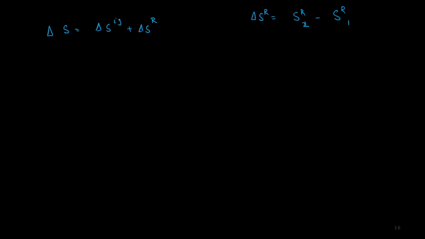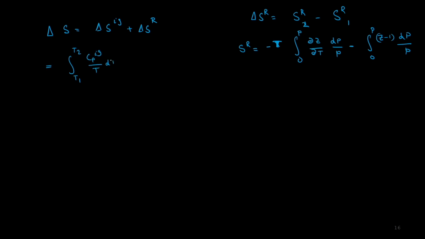And we have said that S R we're going to write as minus T integral 0 to P derivative of Z with respect to T dP by P minus integral 0 to P (Z minus 1) dP by P. And S ig is simply integral T1 to T2 Cp ig by T dT minus R ln P2 by P1.